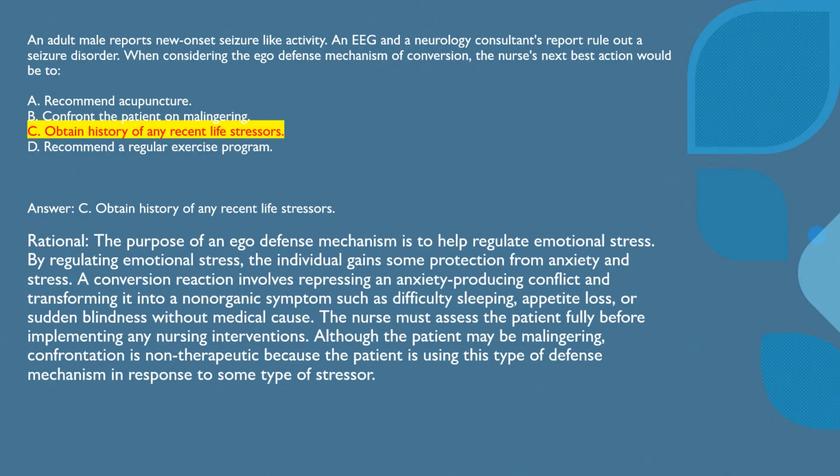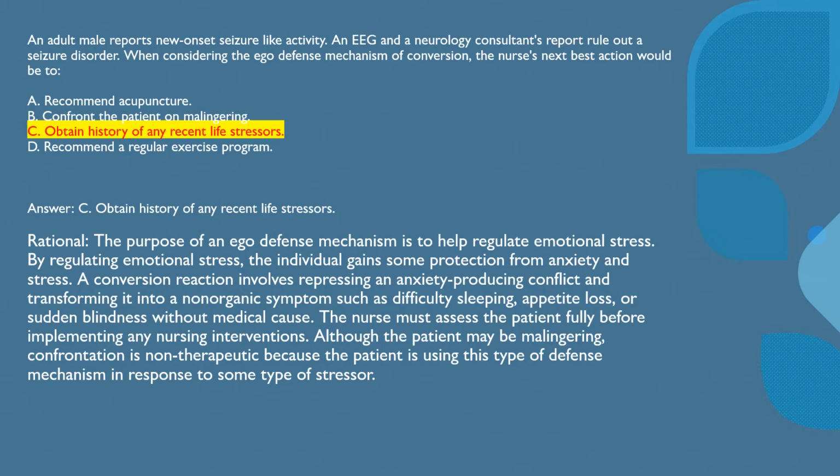Answer C. Obtain history of any recent life stressors. Rationale: the purpose of an ego defense mechanism is to help regulate emotional stress. By regulating emotional stress, the individual gains some protection from anxiety and stress. A conversion reaction involves repressing an anxiety-producing conflict and transforming it into a non-organic symptom such as difficulty sleeping, appetite loss, or sudden blindness without medical cause.